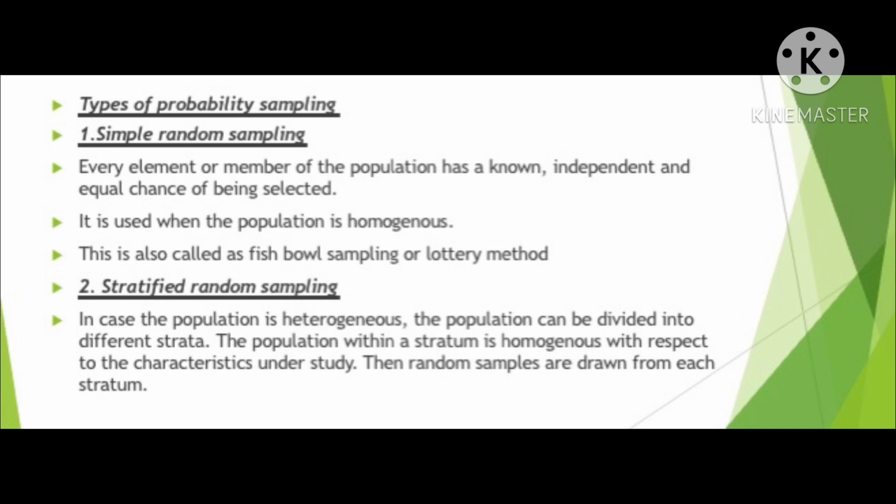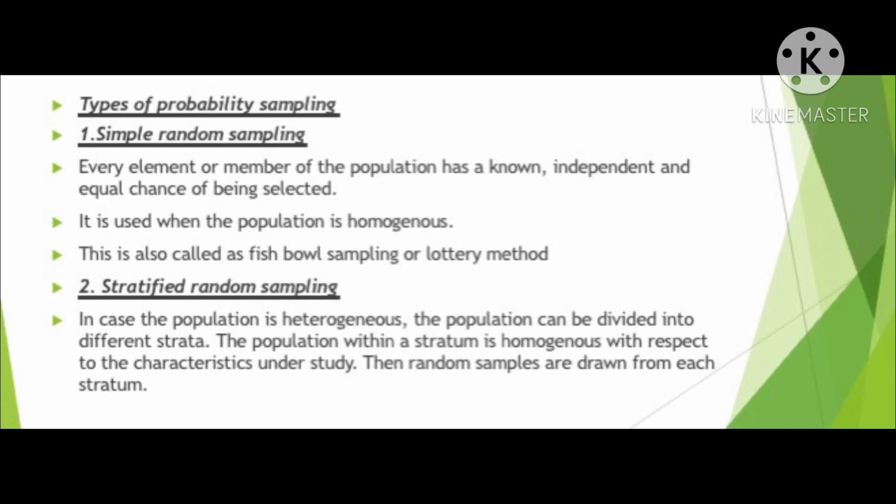The second one is stratified random sampling. See here also we are doing the selection randomly, but before doing the sampling we are grouping or making the subjects in the population into different strata. Based on what? Based on some characters. For example, we are doing a study in a particular area.